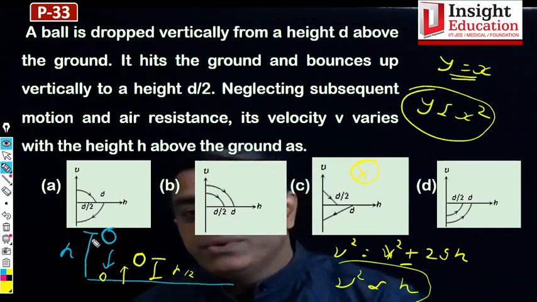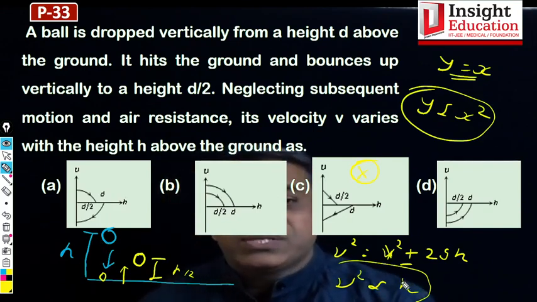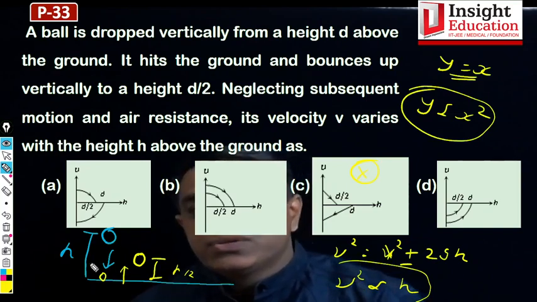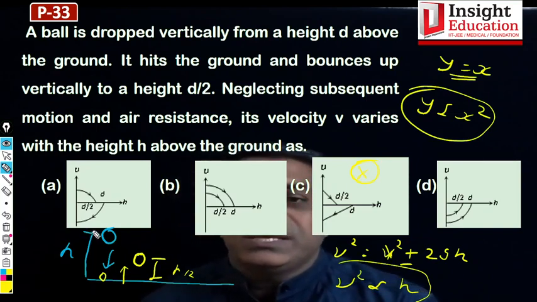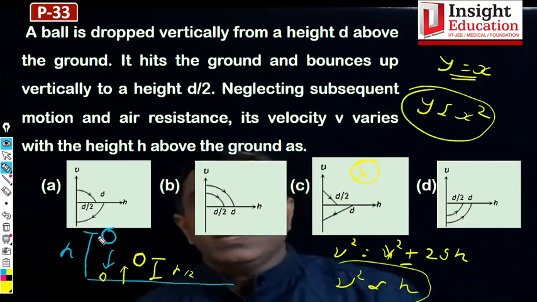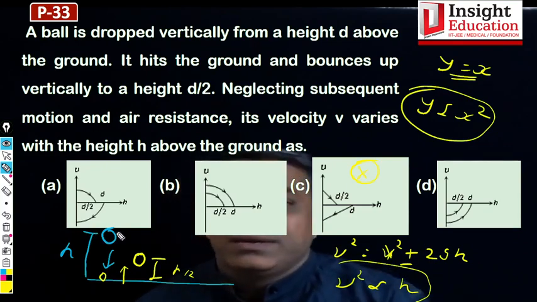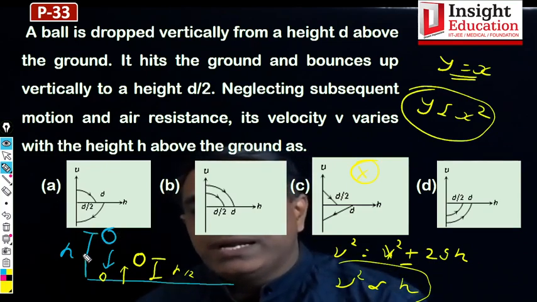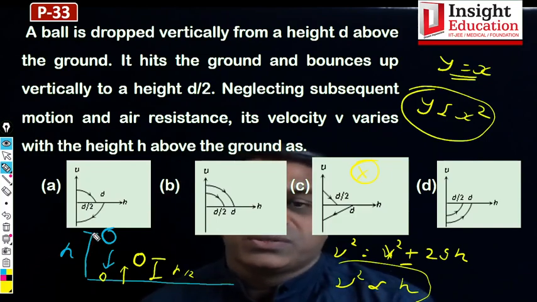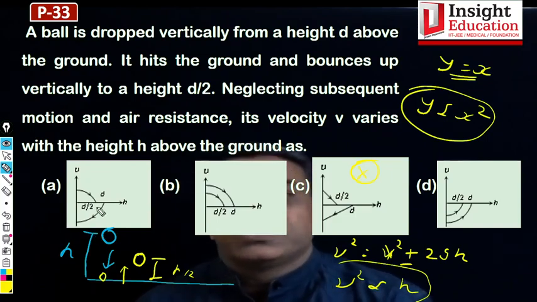Now you can see h is proportional to v square. Starting from the top, the ball is dropped vertically from the height h.